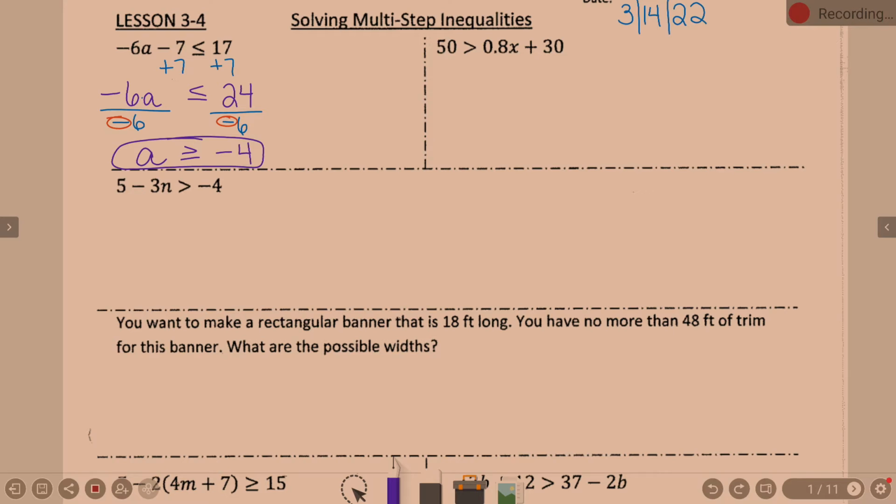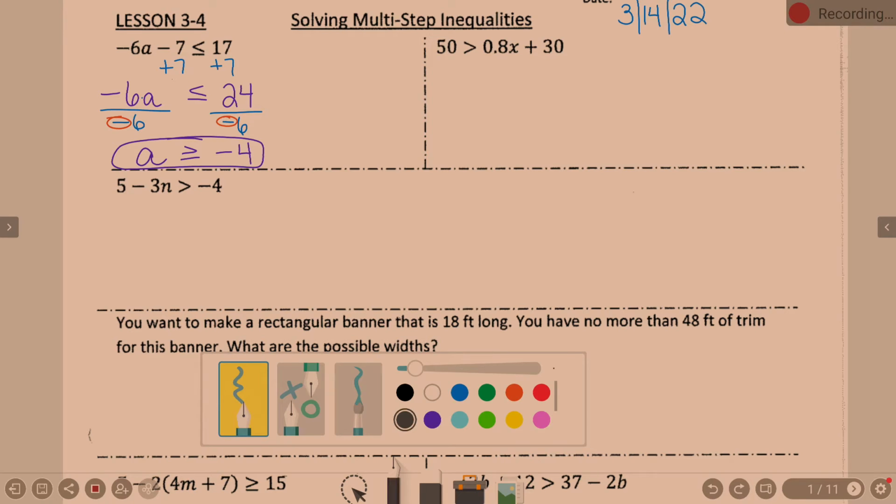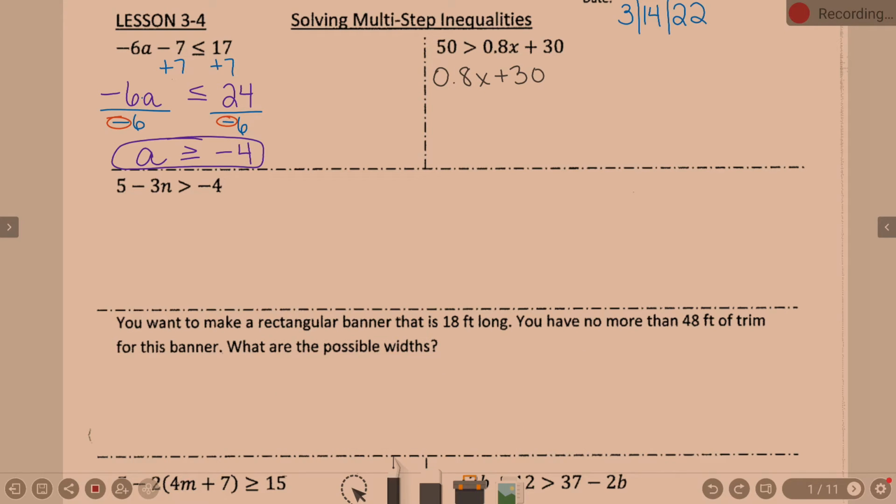So I'm going to take both sides as they are, and flip them. 0.8x plus 30 I'm going to write on the left. 50 is going to move to the right. Since I took these two pieces and flipped them, my greater than becomes less than.